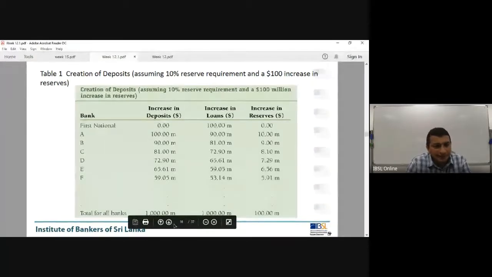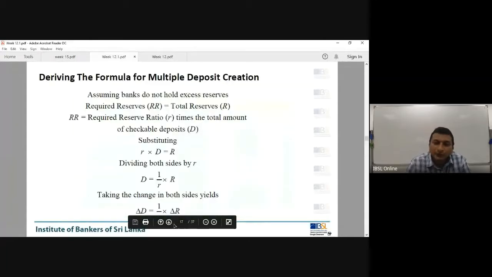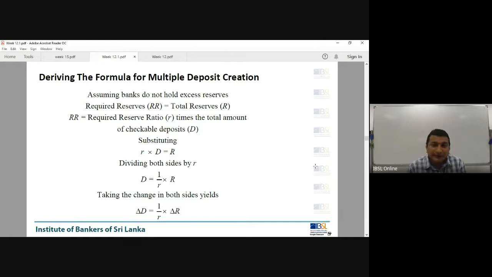That basically gives you some understanding of how you can derive the required reserves and the total reserves. And in this instance, we make them equal simply by taking out excess reserves. Reserves are nothing but the ratio times the deposits, so by dividing both sides by r, you derive the equation deposits equal 1 over r times the reserves.